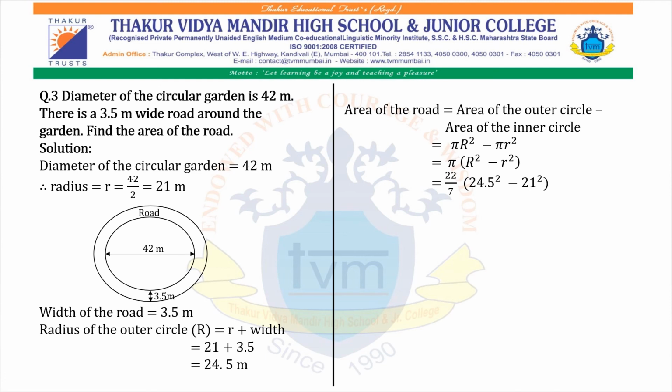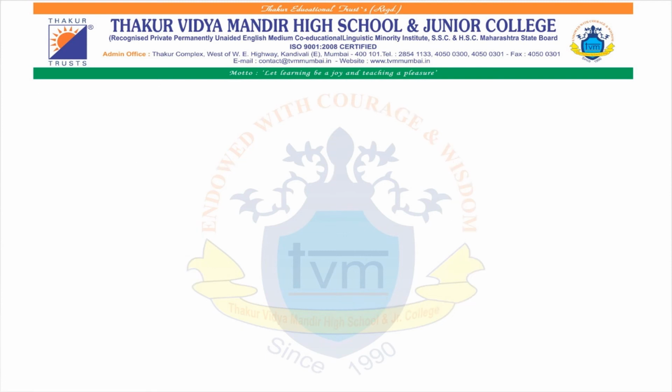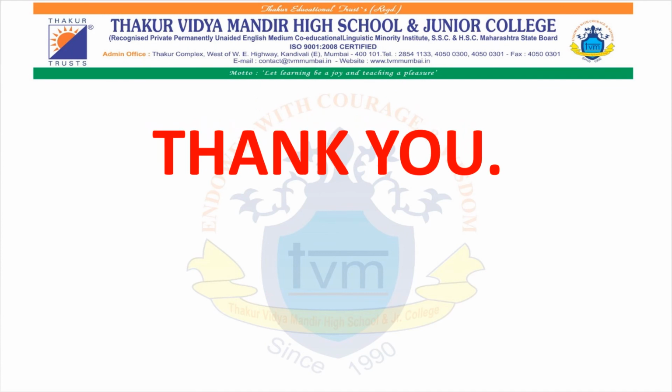The value of pi is 22 upon 7 into the bracket 24.5 square minus 21 square, which gives 22 upon 7 into the bracket 600.25 minus 441, which is equal to 22 upon 7 into 159.25, which is equal to 22 into 22.75, which is equal to 500.5 square meters. Therefore, area of road is 500.5 square meters. Thank you.